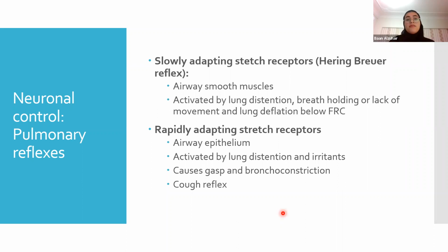So what they're going to have is no or diminished cough reflex. And because rapidly adapting stretch receptors are activated by irritants, they can breathe in irritants without even knowing it, and not be able to cough it out because they have a diminished cough reflex. So what's going to happen is increased or frequent lung infections, okay?